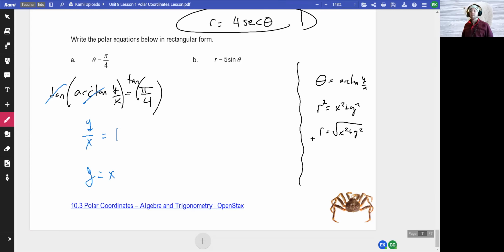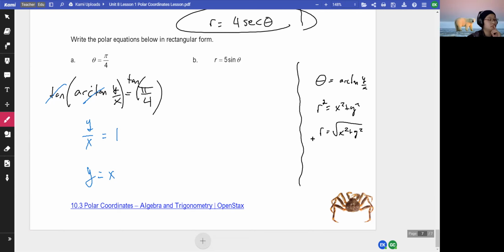All right, B, r equals 5 sine theta. What do you want to do here? We can just start replacing stuff. Well, I guess we could replace theta with arctan y over x.